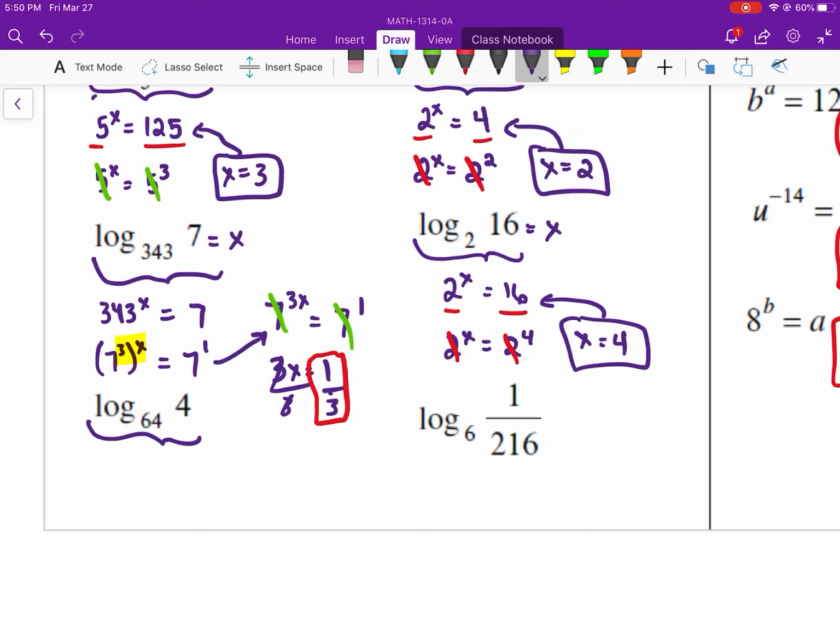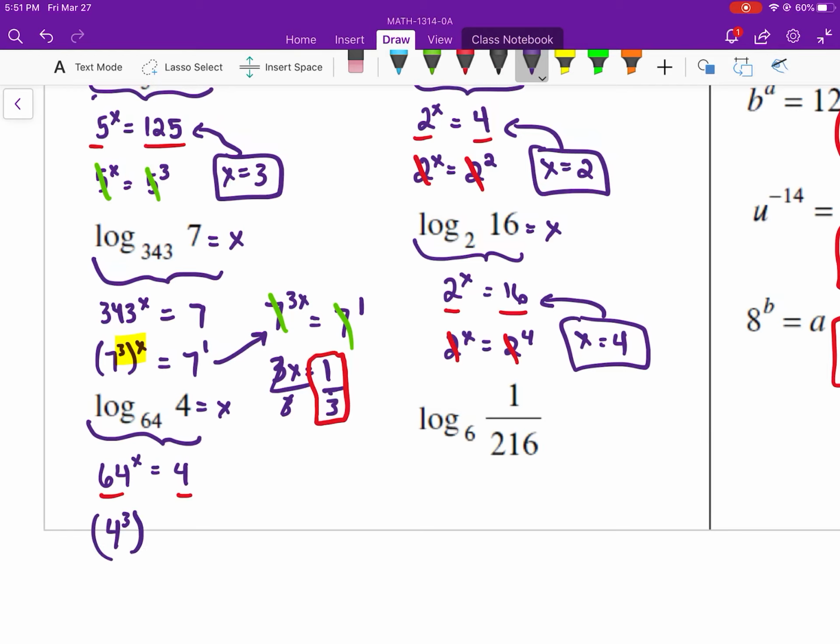Alright, two more down here. We have this one down here, which I almost missed. Alright, so again, we change it to exponential. We have 64 to the x power equals 4. Alright, I need a common base here for 64 and 4.